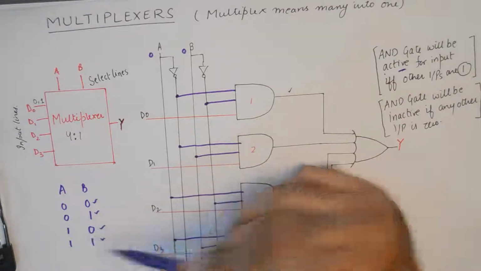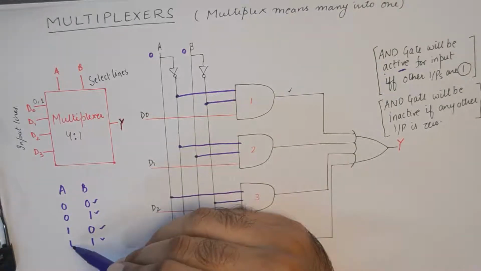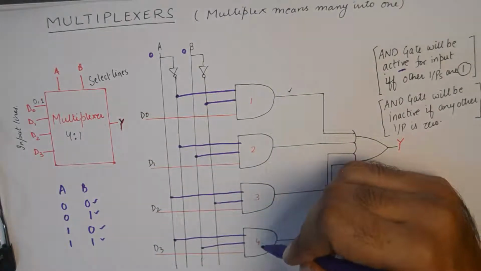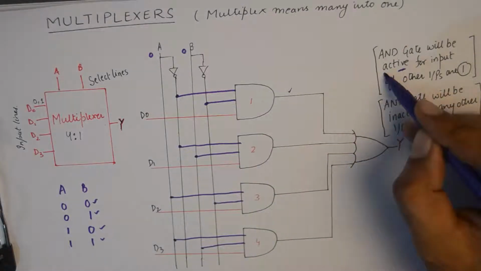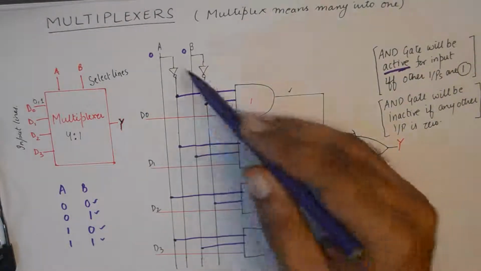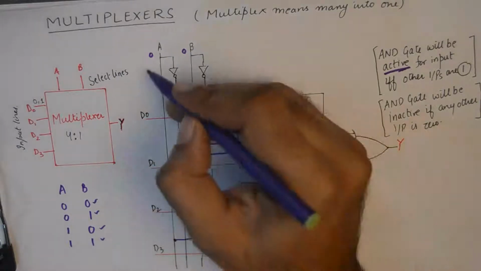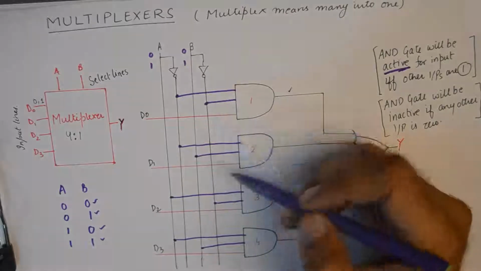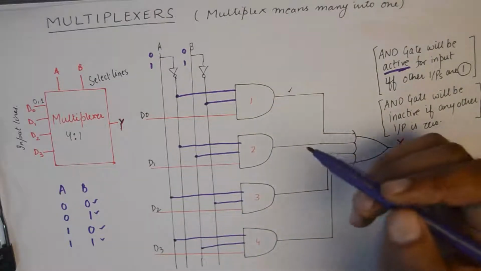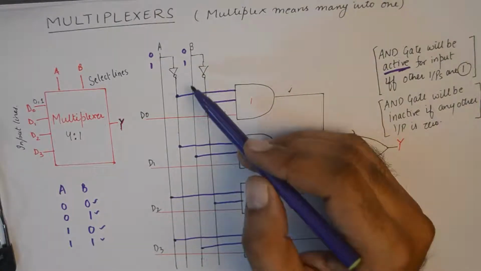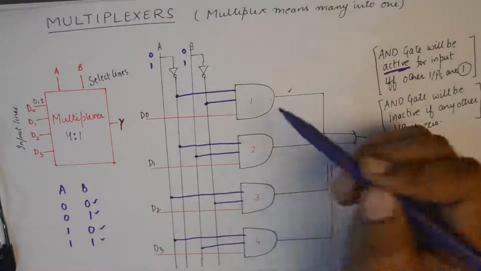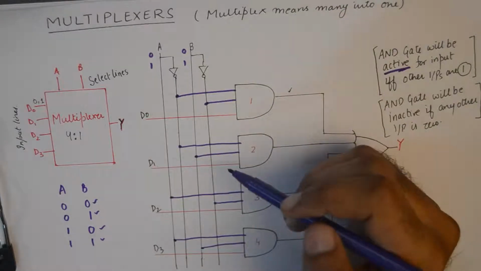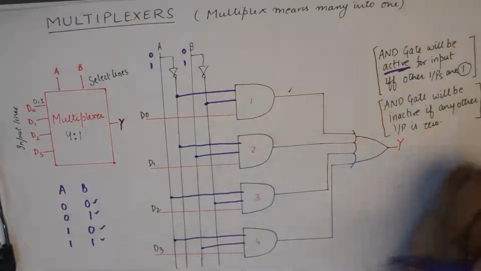Similarly, you can check all the other cases. If you check the case for 1, 1, you'll find that only gate number 4 becomes active via direct inputs from A and B. All the other gates will become inactive because some 0 will come as an input via the NOT gate to gates number 1, 2 and 3.